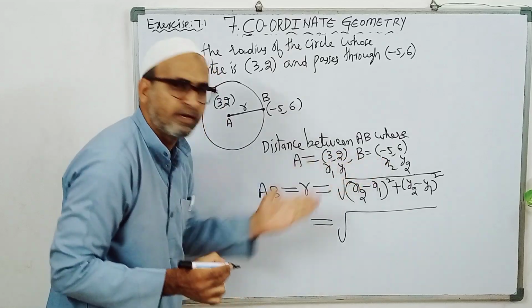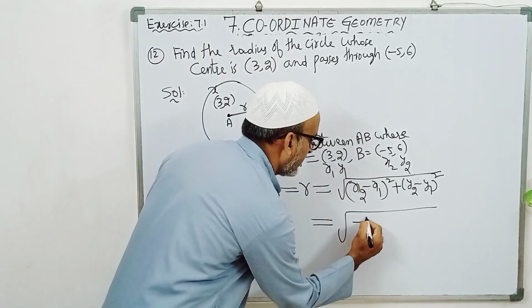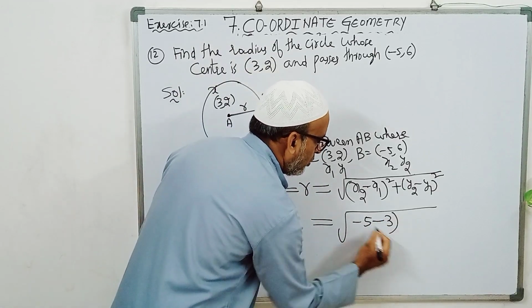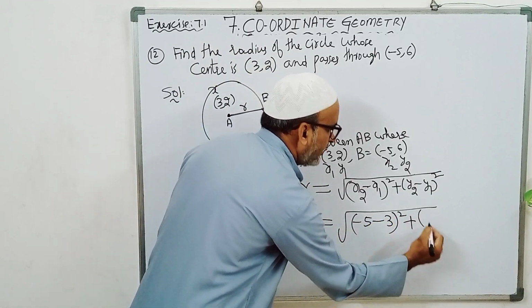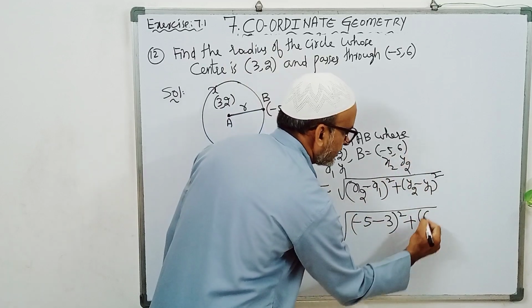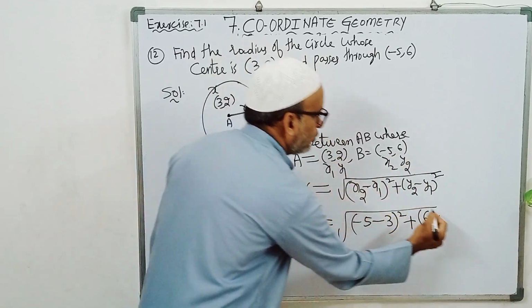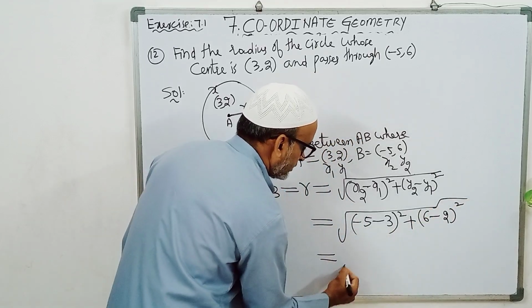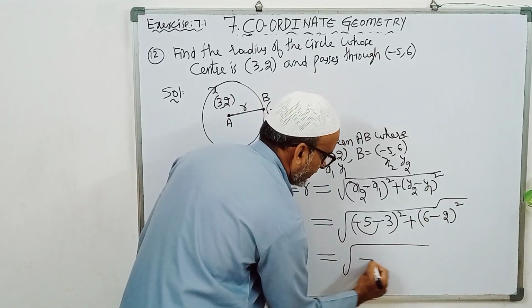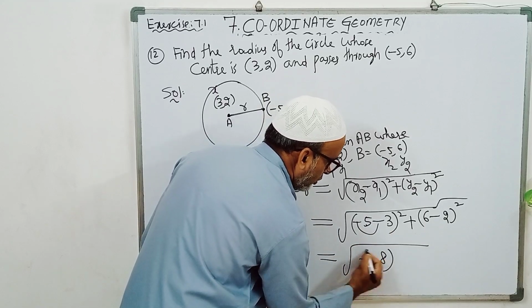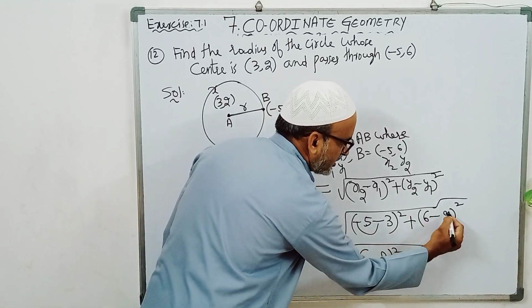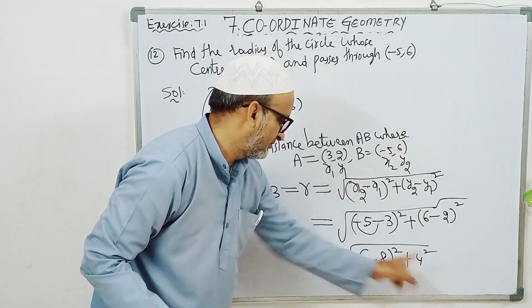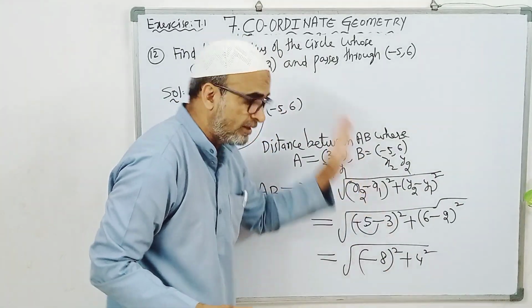Sorry, here I am giving the names. x2 minus 5 minus x1 3 whole square plus y2 is 6 minus y1 2 whole square is equal to square root of, both are minus 5 plus 3, 8 whole square, plus from 6 take away 2, 4 square. No need of writing whole square. Why? Because here the minus symbol is there, that's why I am writing whole square.